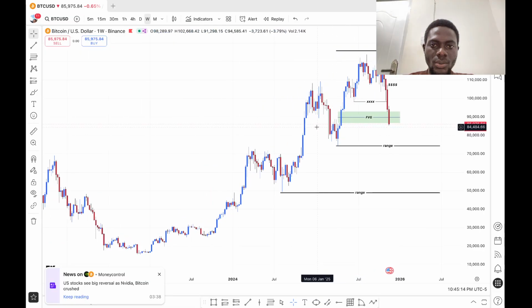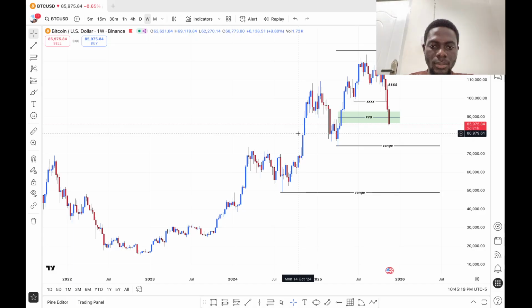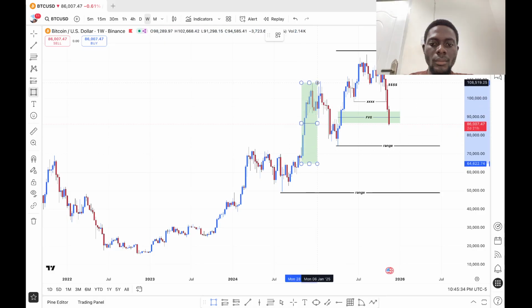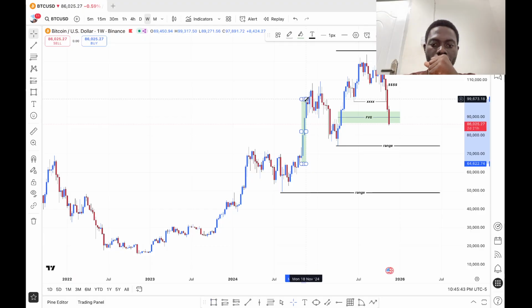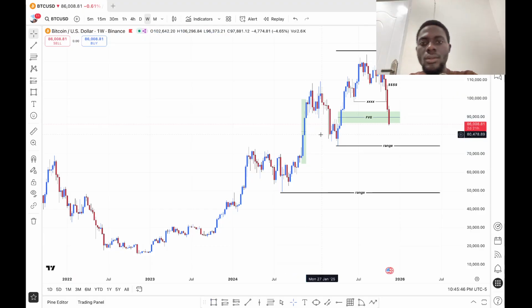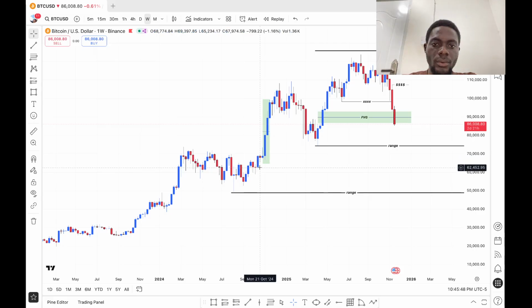So let's go back. Yes, you can see the price action from October, November. Look at the price action for November.